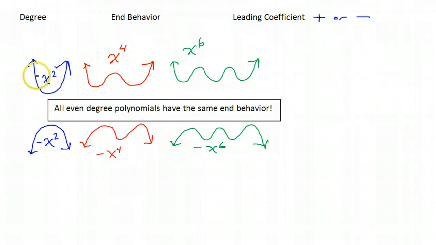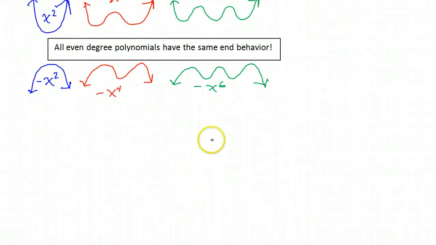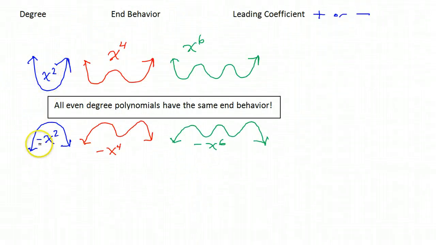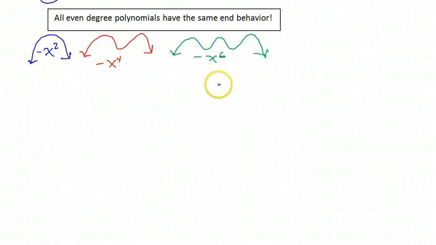Just pay attention to if it's rising, then that means it's a positive leading coefficient. But if it's falling on the left and the right, then you know it's a negative leading coefficient. So they all work the same. Really just memorize how a parabola works, and you know how all of the even degree polynomials work. Now what about odd?